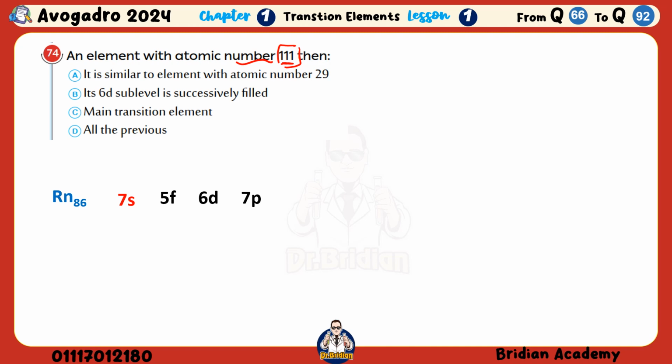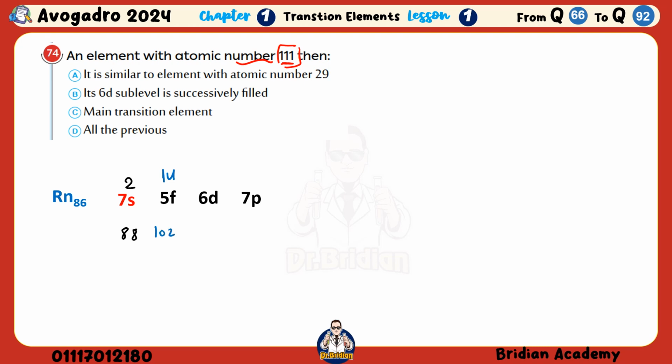Let's make our electron configuration by putting electrons in each sublevel. You know that s is completely filled with 2 electrons, so 86 plus 2 equals 88. And 5f is completely filled with 14 electrons, so 88 plus 14 is 102.